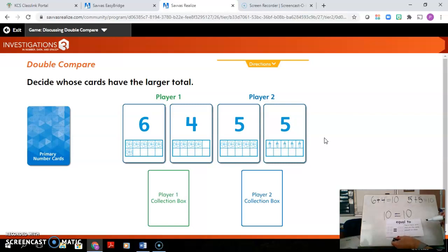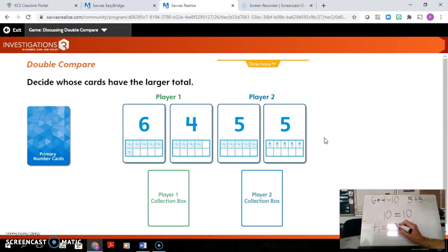It's equal. So today we've looked at a lot of symbols, and remember that symbols are a picture or an image to replace words. We have looked at the plus sign, that is the symbol for addition. We have used the equal sign to show that two amounts are the same.